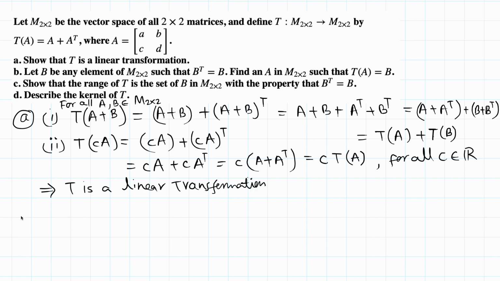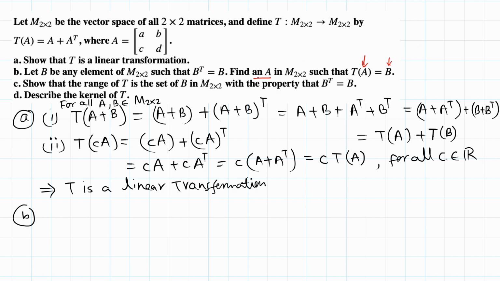Okay, let's do part B. In part B, it asks, let B be any element of M22 such that B transpose equals B. Find an A. So we need to find one A in M22 such that T of A equals B. So this A is in the domain, by the way, and this B is in the range.